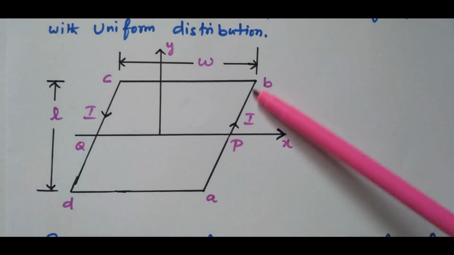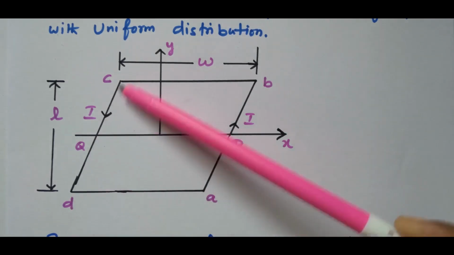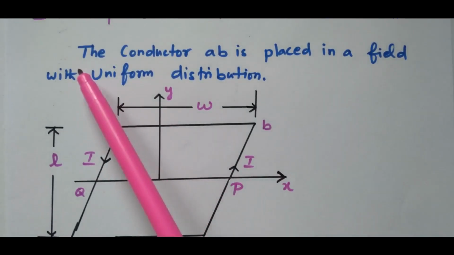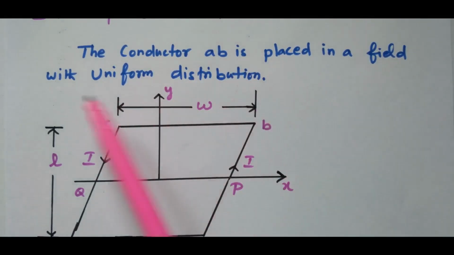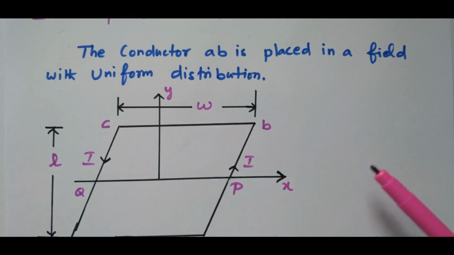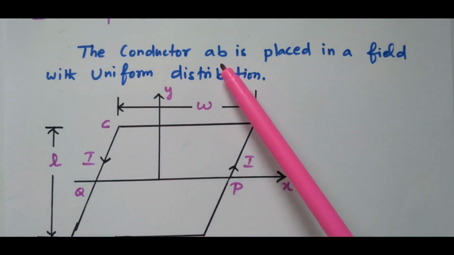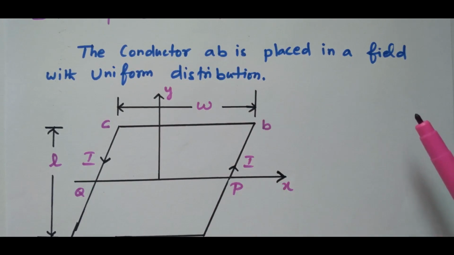Only the force is available in AB and CD. We will see this one by one. The conductor AB is placed in a field with uniform distribution. Similarly, CD is also placed. First we consider AB, then we can go for CD.